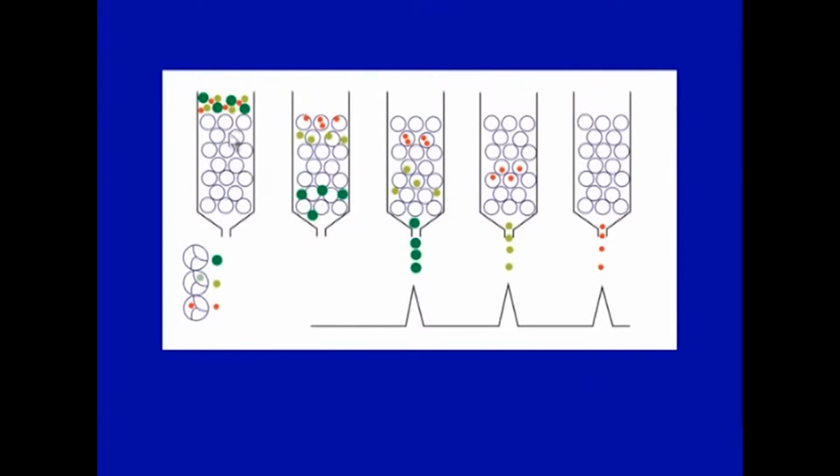If you can see here, this is a column where these are beads, and you have different size molecules: a larger size, an intermediate size and a smaller size. They are moving at different rates, the larger moving out very fast, the intermediate at a relatively slower speed than the larger ones, and the smallest one at the slowest speed.